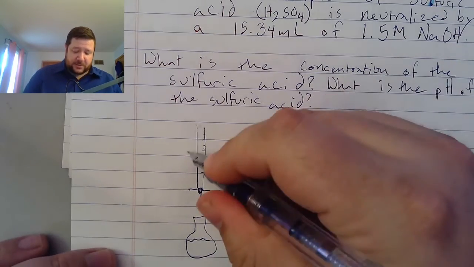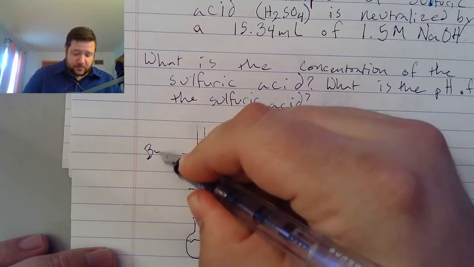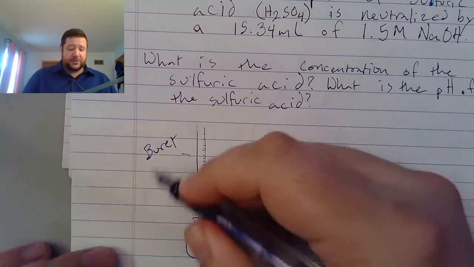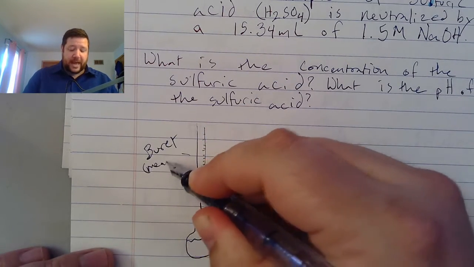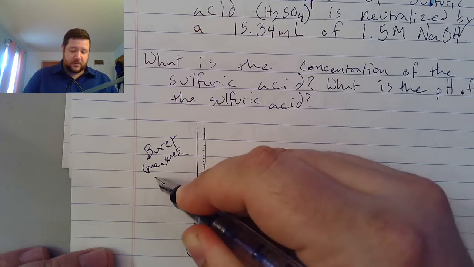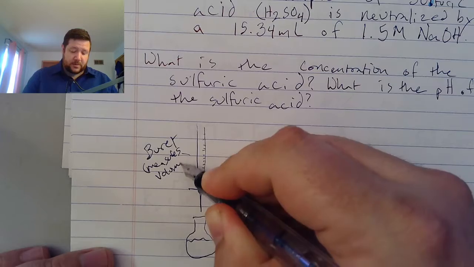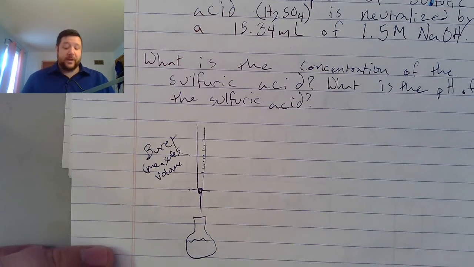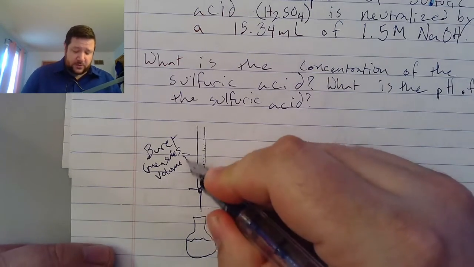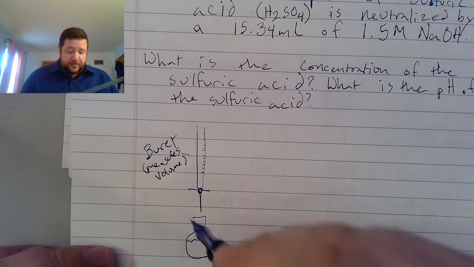Now, that tube is called a burette, and it measures volume very accurately, often down to the hundredth of a milliliter once you do your estimations.